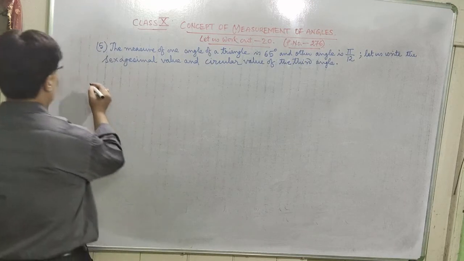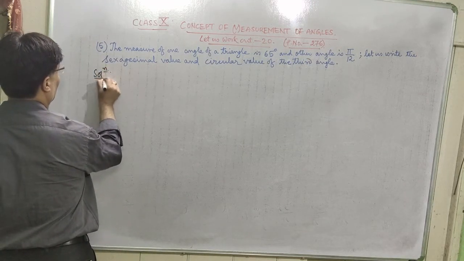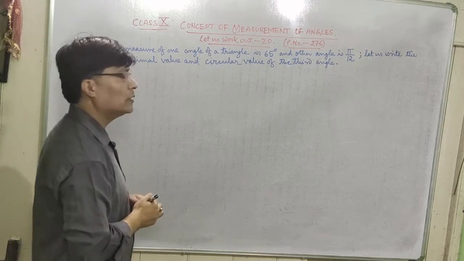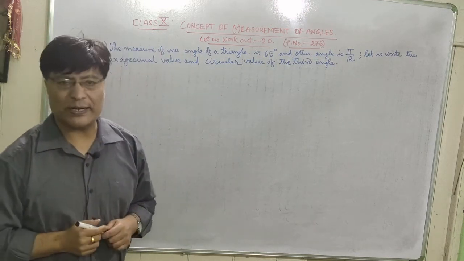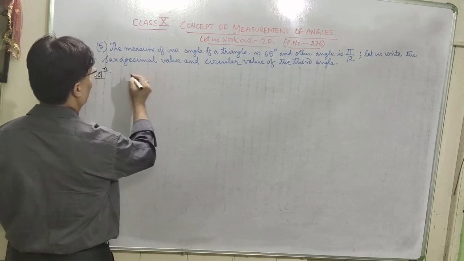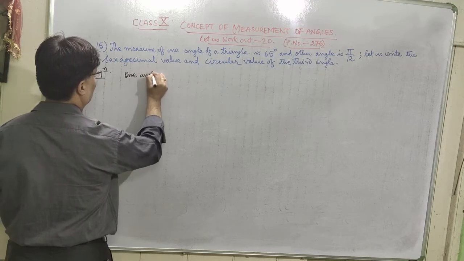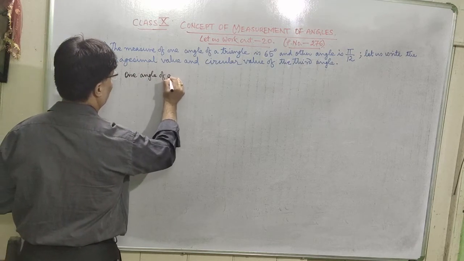So let's do the solution now. Now you know that the sum of the three angles of a triangle is 180 degree.